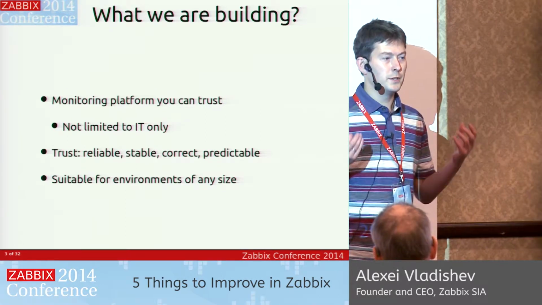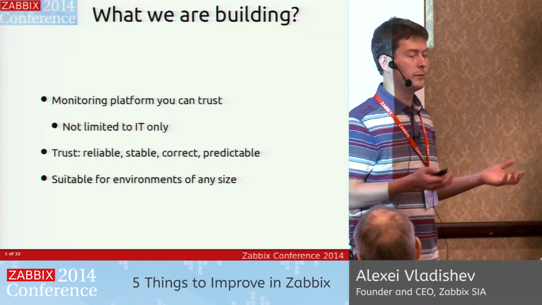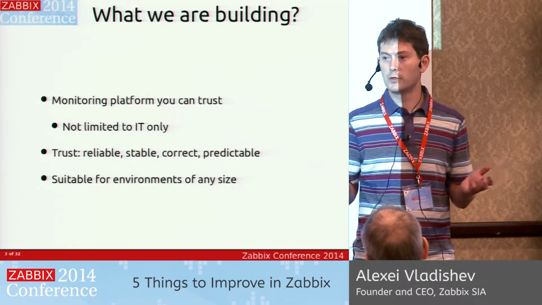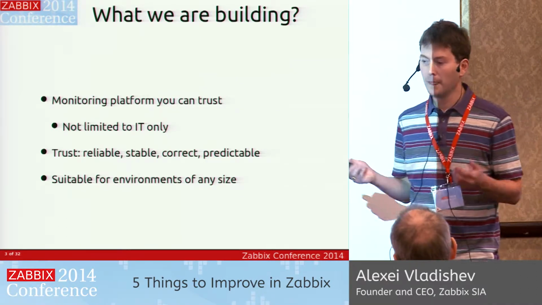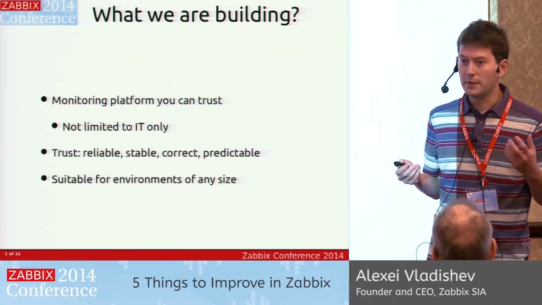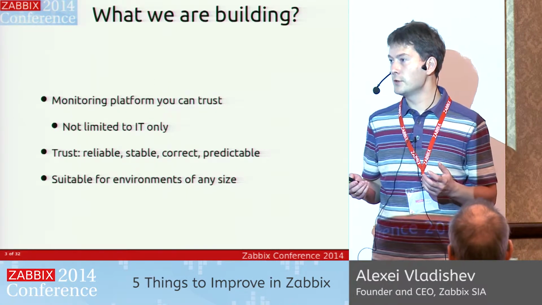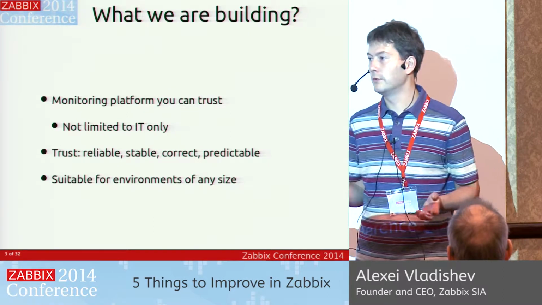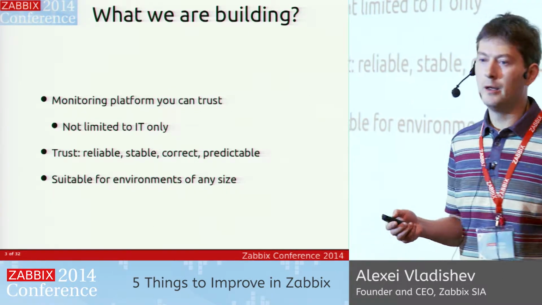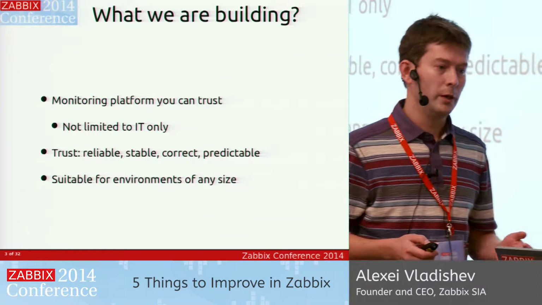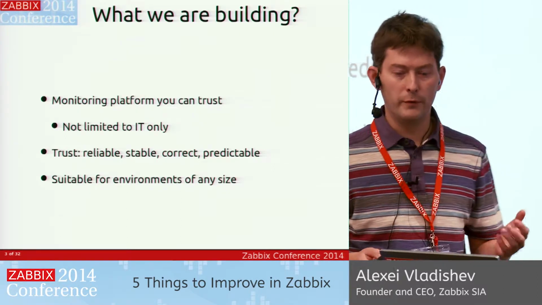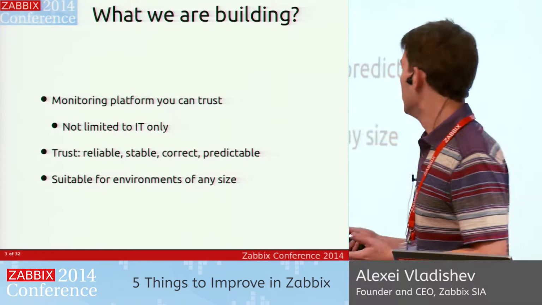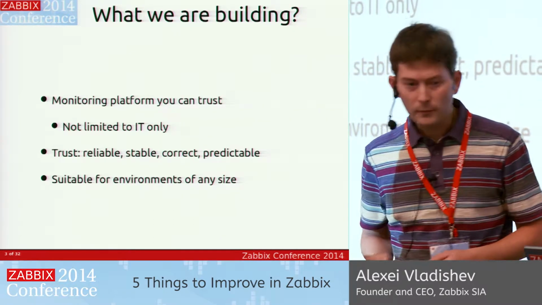It receives some input from sensors, some data, integers, strings, log files. Then it analyzes this information using triggers and creates some output. And output could be different. We can do whatever we want. We may use scripts, we can alert users, we may do some automation, everything. So Zabbix is not limited to IT only.